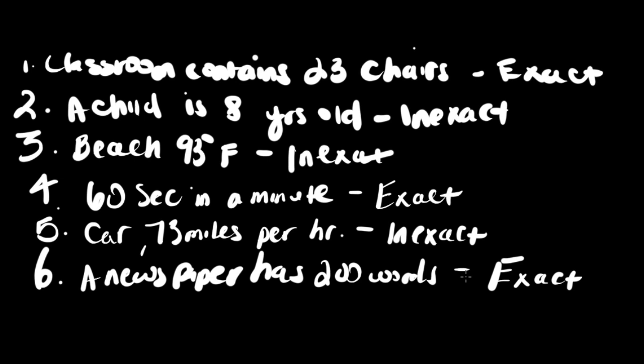Anything that holds a fractional or decimal value is most likely going to be an inexact number, or anything where it's impossible to make an exact measurement. Exact numbers are easy. It's the inexact numbers that are kind of tricky.